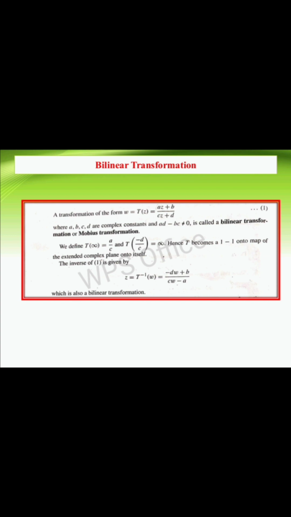Put z equal to infinity. What is T of infinity? It is a by c. And for z equal to minus d by c, T of minus d by c is infinity. So under this bilinear transformation, the image of infinity is a by c and the image of minus d by c is infinity. So each and every time we include the infinity value, this transformation becomes one-one and onto.